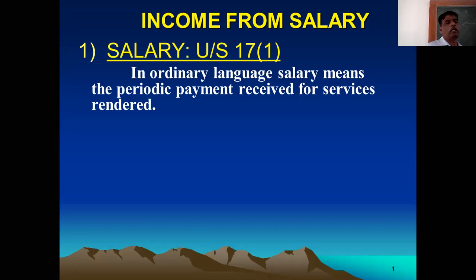According to section 17 subsection 1 of the Income Tax Act, in ordinary language, salary means periodic payment received for the services rendered. Periodic payment means monthly or weekly or fortnightly.